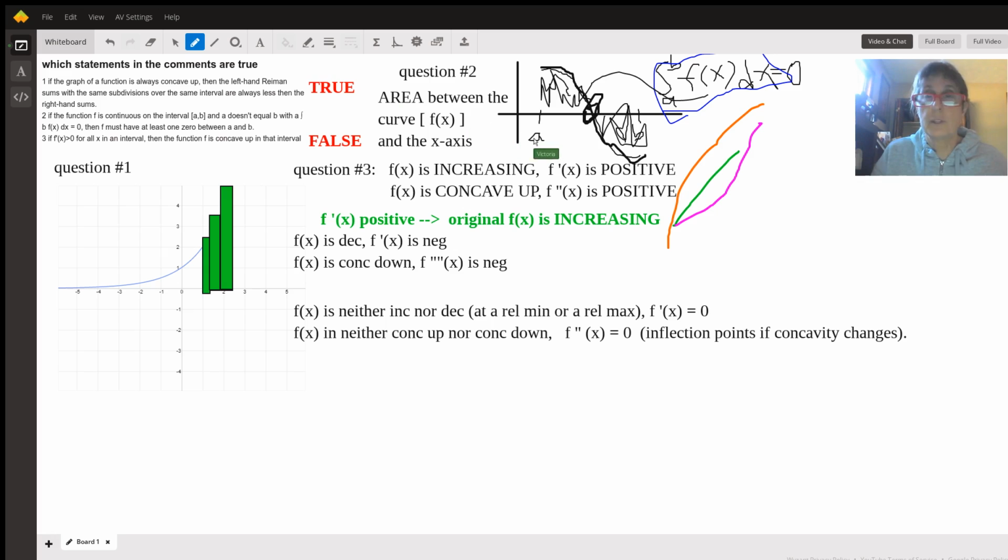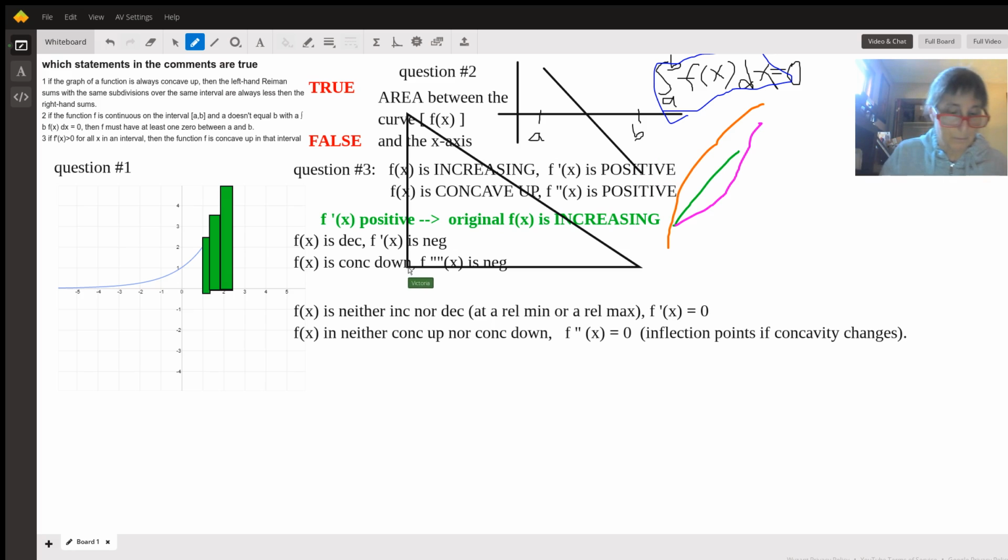You could do this with a line if you wanted to. What if I just make a line? Well, notice that the area under this curve now is a right triangle, and it's negative.